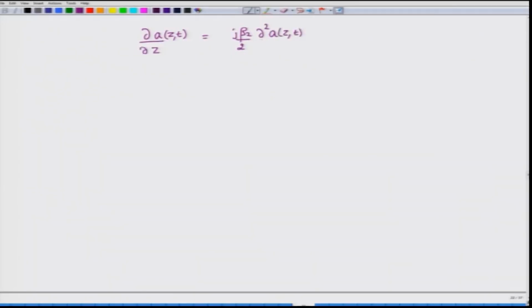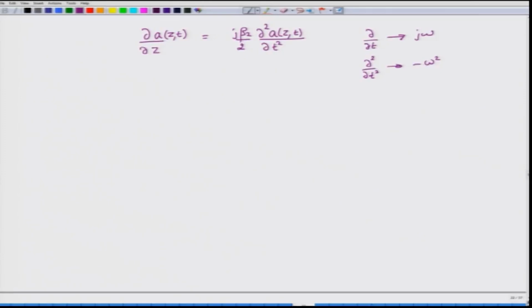Of course, I have to use partial derivatives because my pulse envelope A depends on z and t. Why did I write this as del square by del t square? Because in Fourier transform, del by del t corresponds to multiplication of the Fourier transform by j omega, and therefore del square by del t square would be minus omega square. Because there was a minus omega square in the previous expression, I replaced minus omega square by the operator del square by del t square.